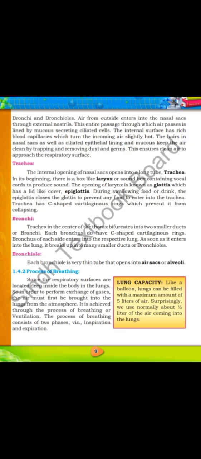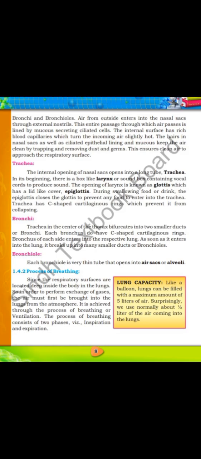And the opening of larynx is known as glottis, which has a lid-like cover called epiglottis. The function of epiglottis is to cover the glottis while eating or drinking for smooth respiration.